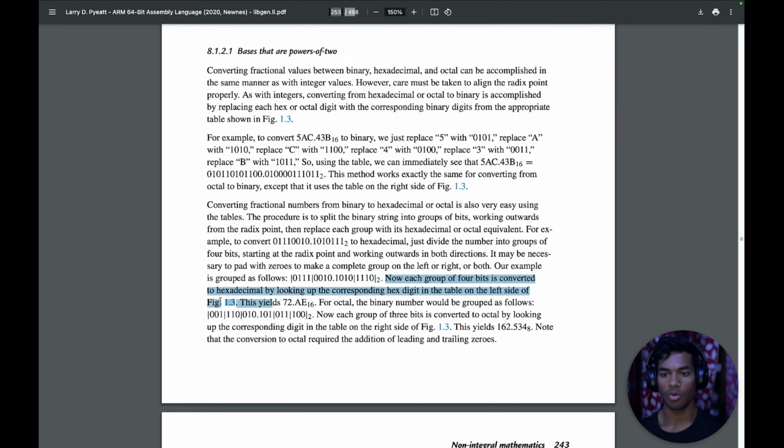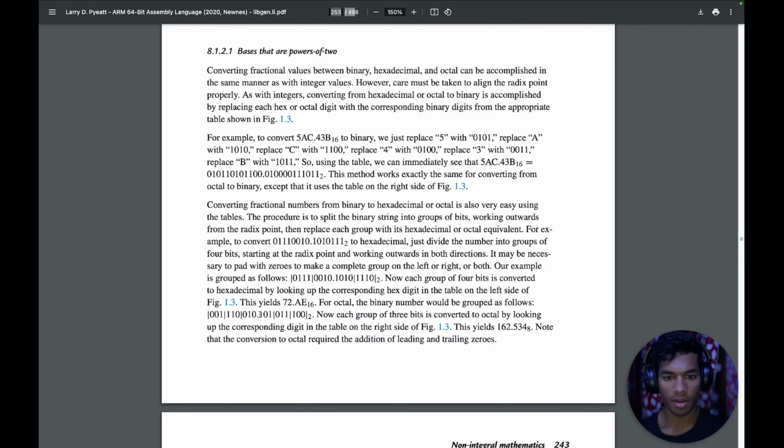Now each group of 4 bits is converted to hexadecimal by looking up the corresponding hex digit in the table on the left side of figure 1.3. This yields this number.